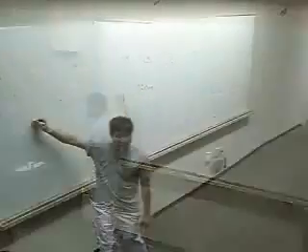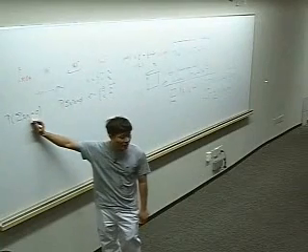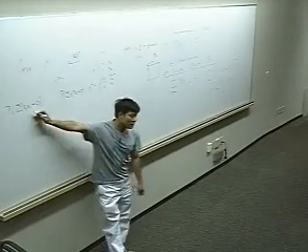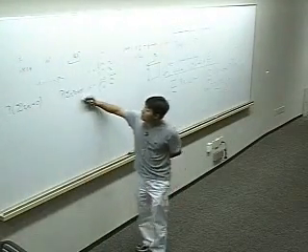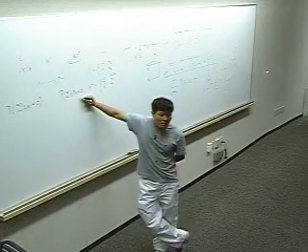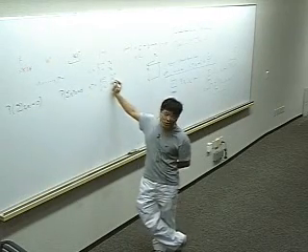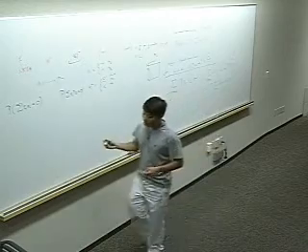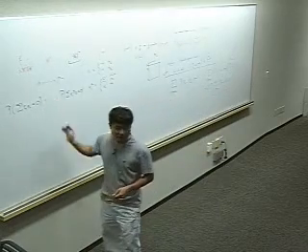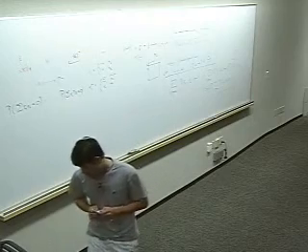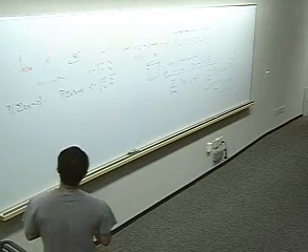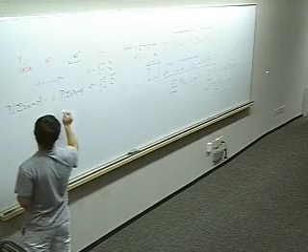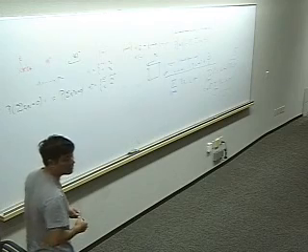You have a random walk with step size a_i, and you are talking about the probability of returning to the origin after n steps. Here you have a lazy random walk, so this is 0 with probability 1 minus mu. That means you stay at each step with this probability. Intuitively, you would expect that this side is larger than this side. In fact, more is true: you can prove that this will be less than even with some constant depending on mu, a constant less than 1, of course.